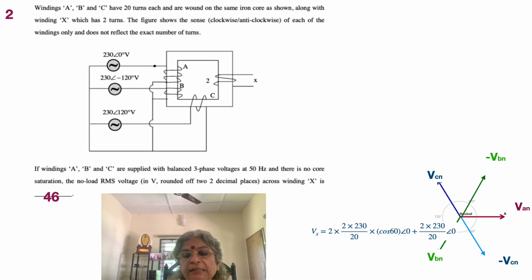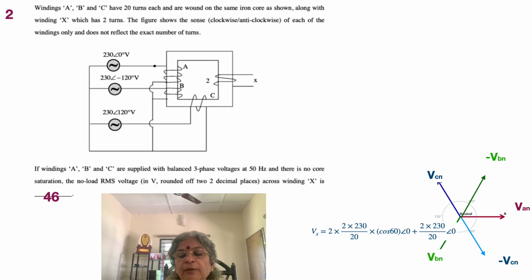What is happening is that we have VAN, VBN, and VCN. VBN as well as VCN are reflected, because with respect to A, the voltages created by B and C are in the opposite direction. Why? Because the flux is opposed.